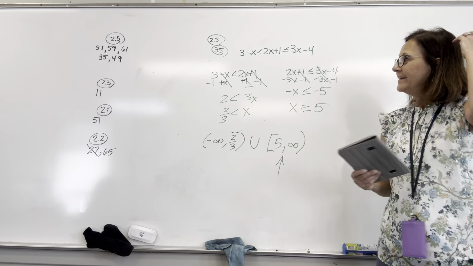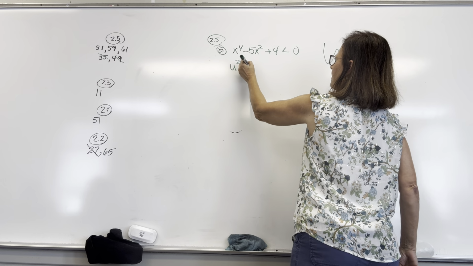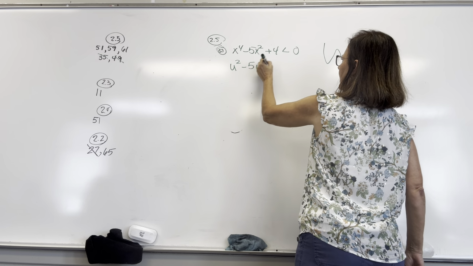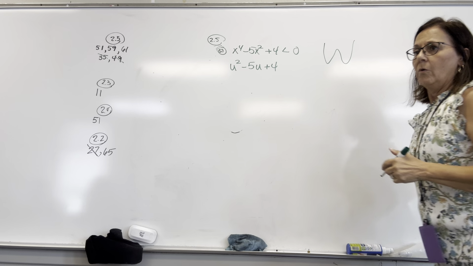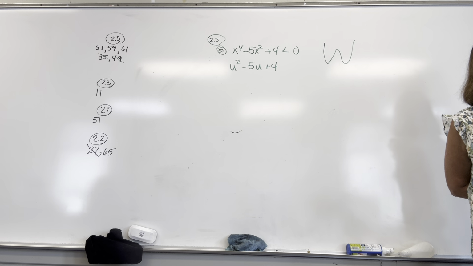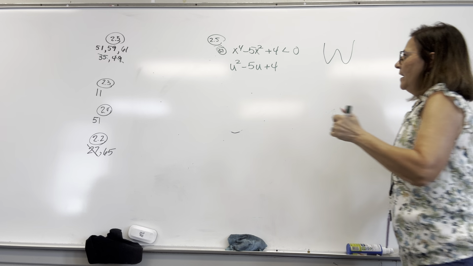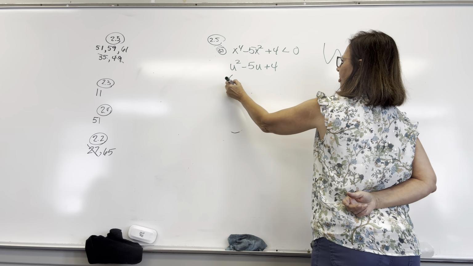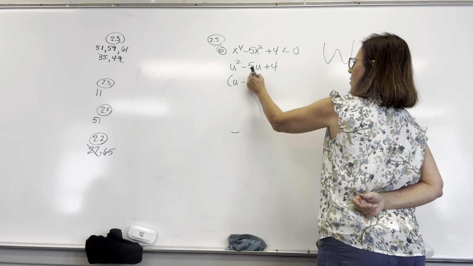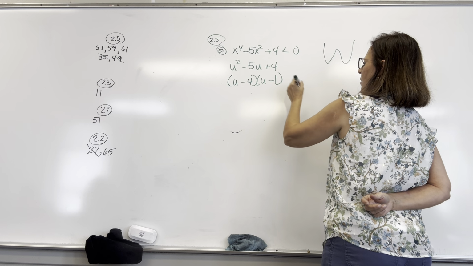It's a 4th degree. Our lead coefficient is positive. It's going to look like this. So this is u squared minus 5u plus 4. What are our factors? -4, -1. U minus 4, u minus 1.